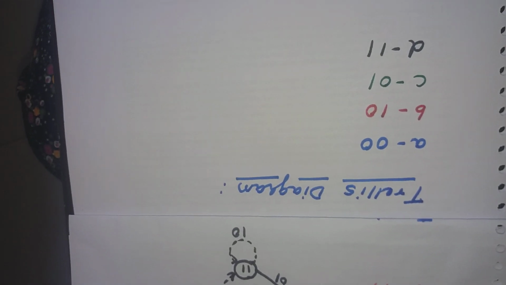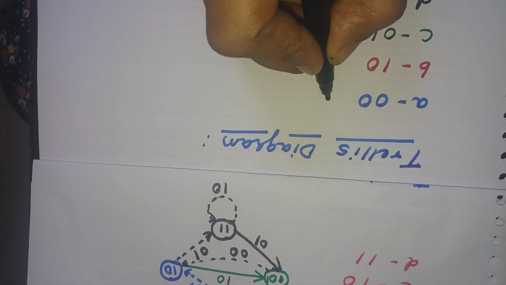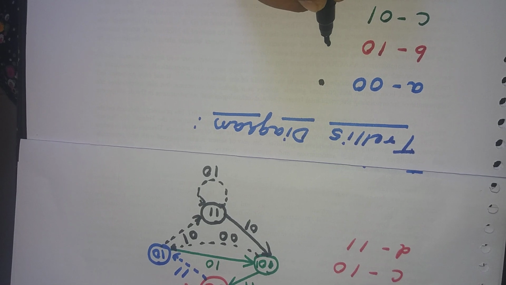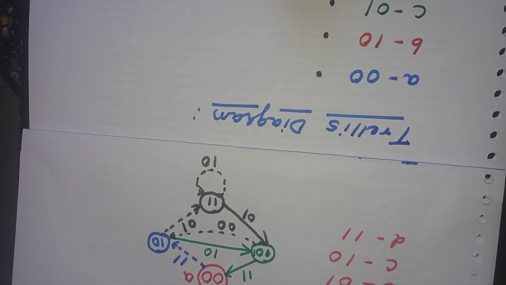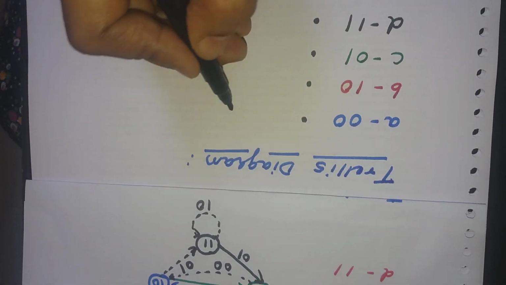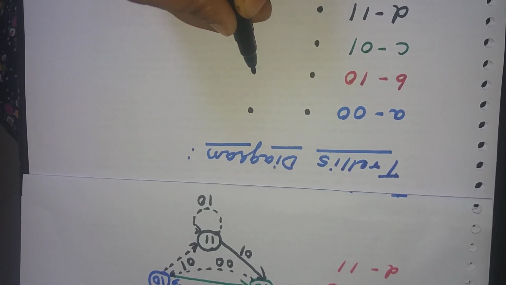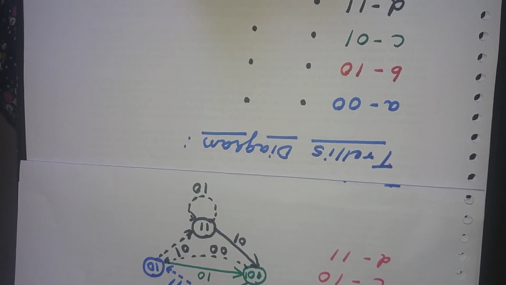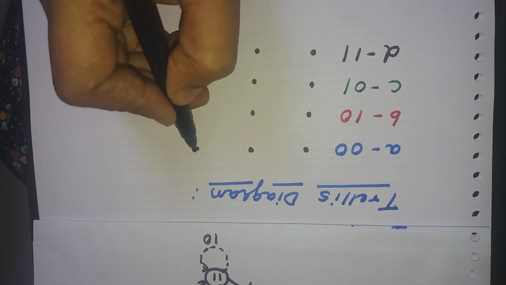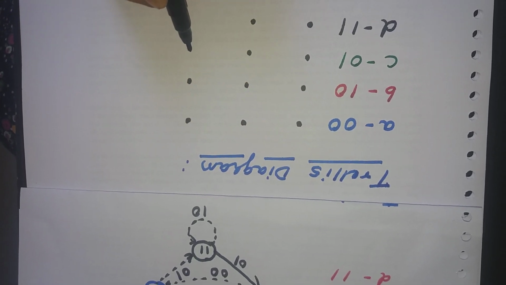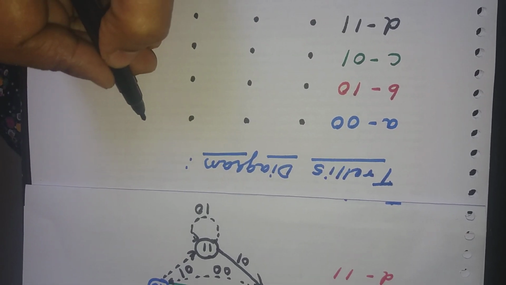For the trellis diagram, we need to draw a grid of dots for each state. So we have 4 dots in the first column, similarly 4 dots in the second column. Same way, we can extend the grid infinitely.